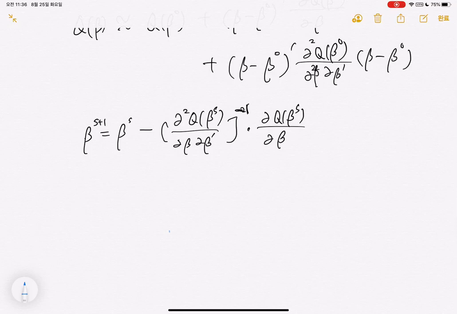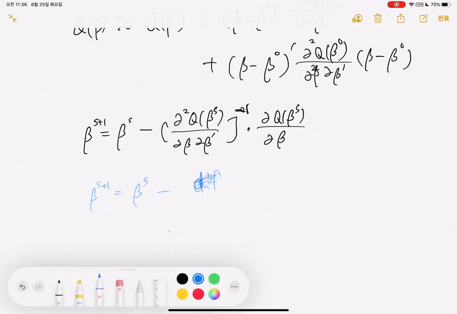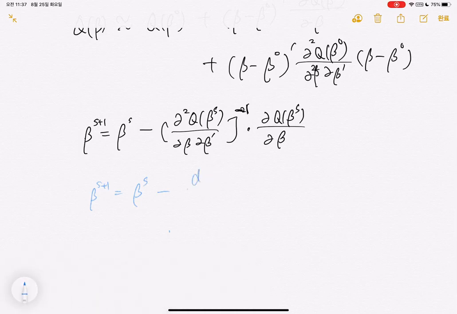The algorithm for a univariate function, when you want to find the minimum or maximum, is this: beta s plus 1 is beta s minus dQ of beta s over d beta, divided by d squared Q of beta at s over d beta squared.